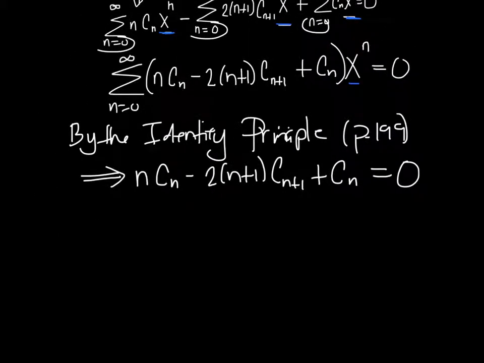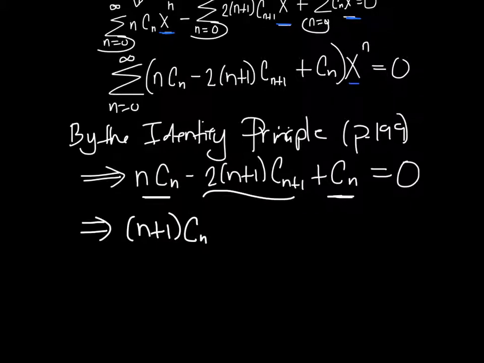Our goal is to get a recurrence relation in terms of the c_n, because we want to find our coefficients. So let's solve for the highest subscript, which in this case is c sub n plus 1. But first, we can combine some like terms. So we have n plus 1 c_n terms. And then I'm going to bring this term to the right-hand side. We know n plus 1 is not equal to 0, because we're working with power series, so we can divide both sides by that.